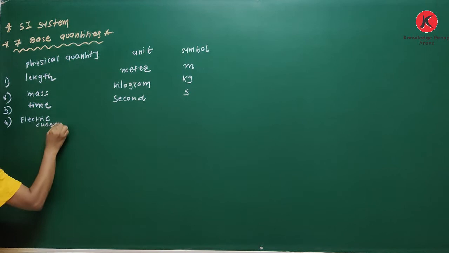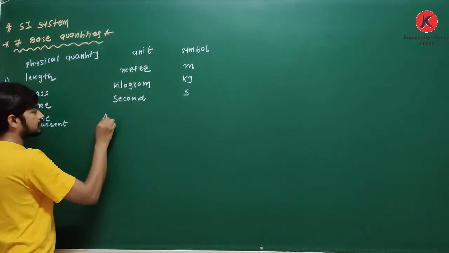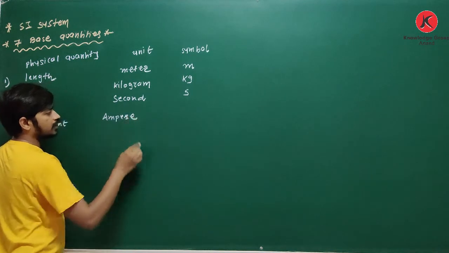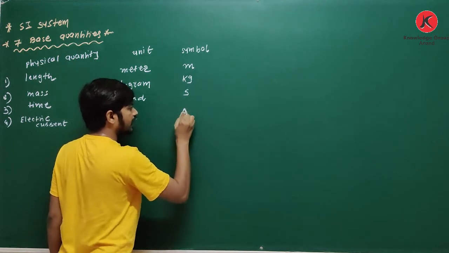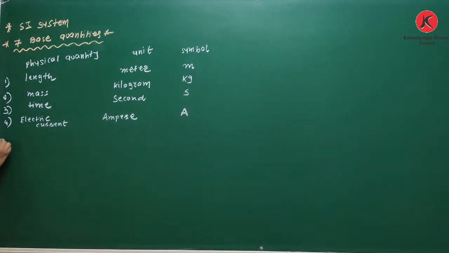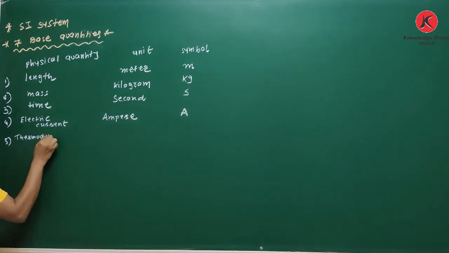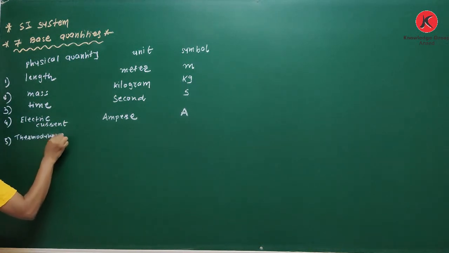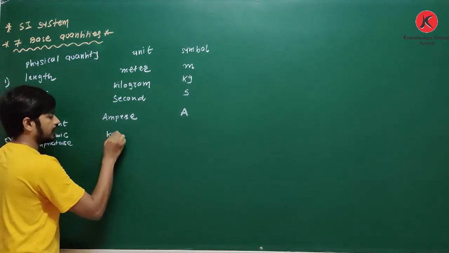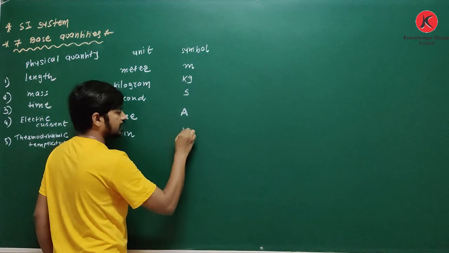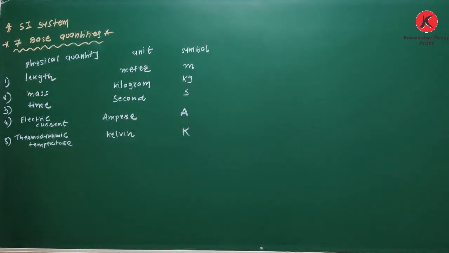Its unit is ampere, and its symbol is capital A. Next one is number 5, that is thermodynamic temperature, and its unit is Kelvin. It is indicated by K.